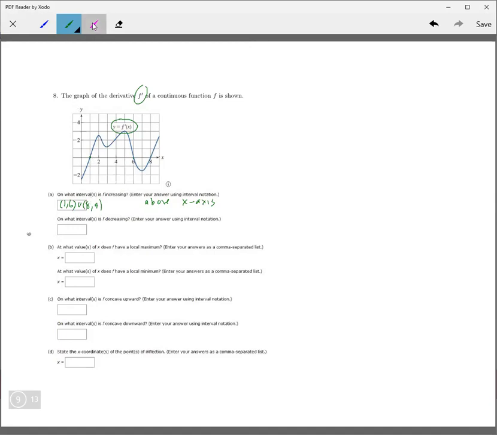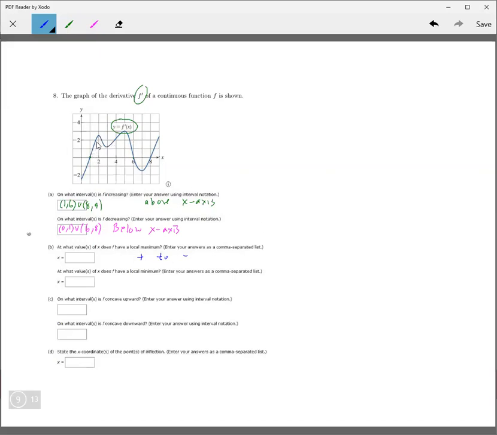And on what intervals is it decreasing? This would be below the x-axis, which is from 0 to 1 and from 6 to 8. At what values of x does f have a local maximum? Oh, that's great, so we can just pick that off. Wait, no, we can't. For a local maximum, you're looking for positive to negative.